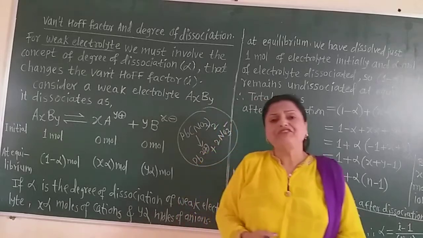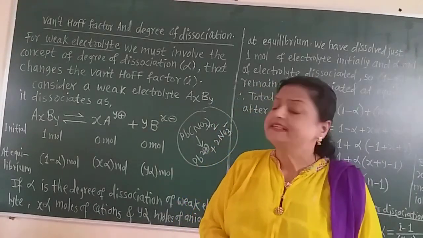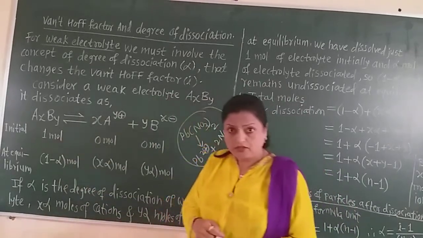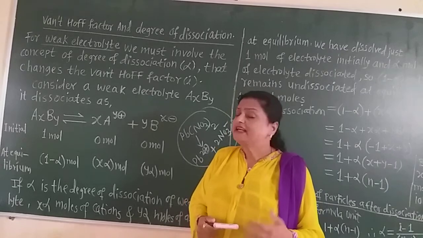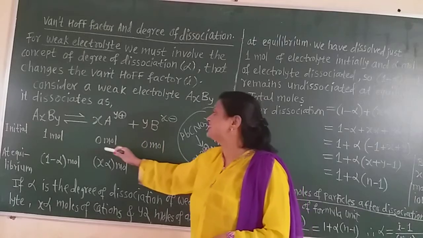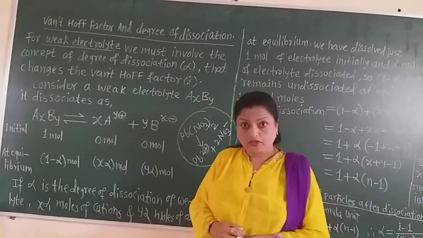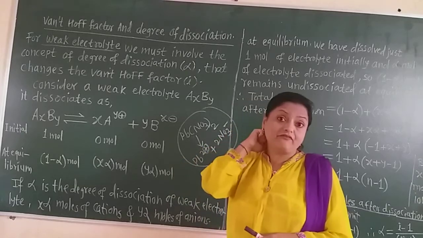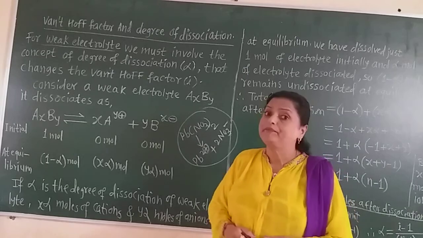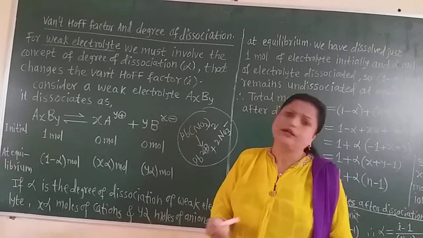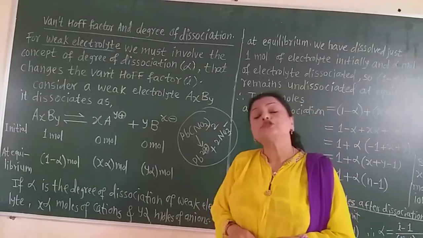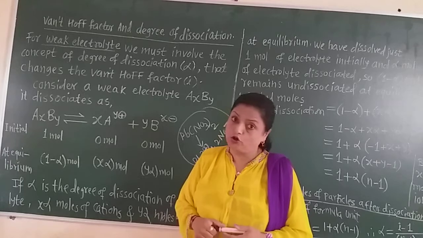Initially when we take the weak electrolyte AxBy, it has only one mole, and initially there is no dissociation, so the numbers of cations and anions are 0 mole, 0 mole. But at equilibrium, when this AxBy gets dissociated, as it is a weak electrolyte, it is not completely dissociated. So only alpha moles of it dissociate, where alpha is the degree of dissociation.